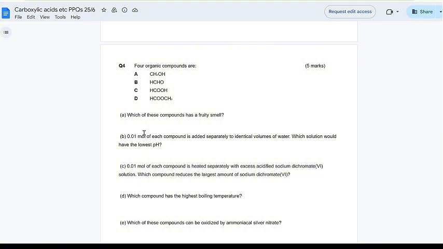Isn't that just a... It's not an alcohol, it's an aldehyde, right? I would assume C. I'm gonna go C.